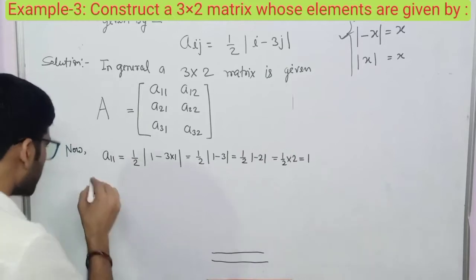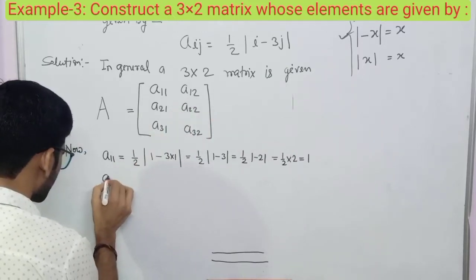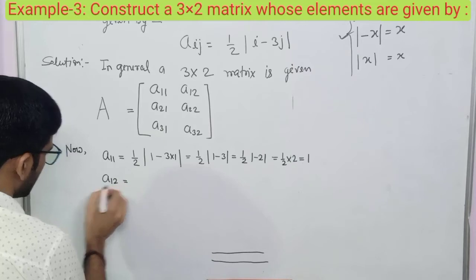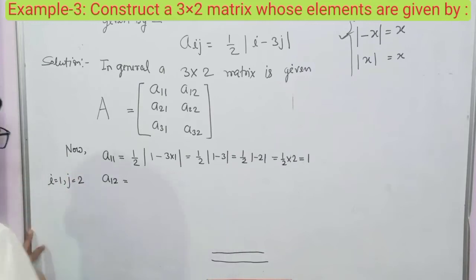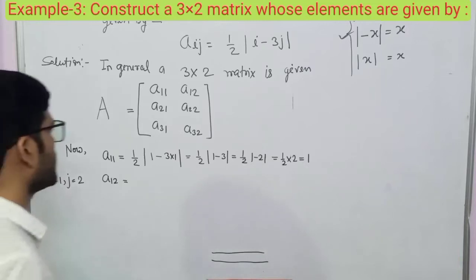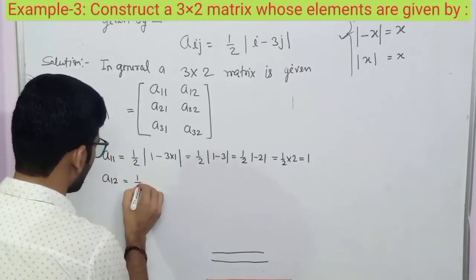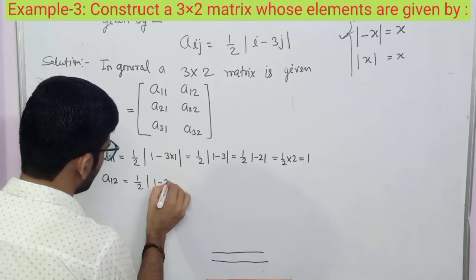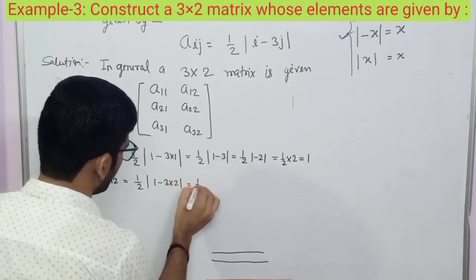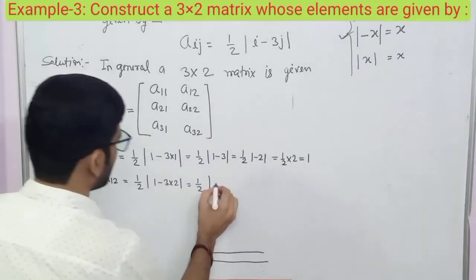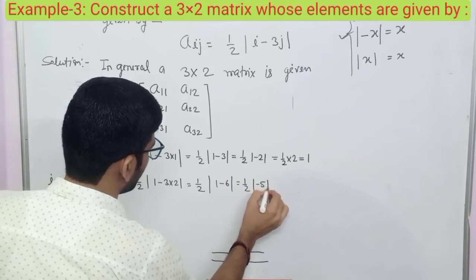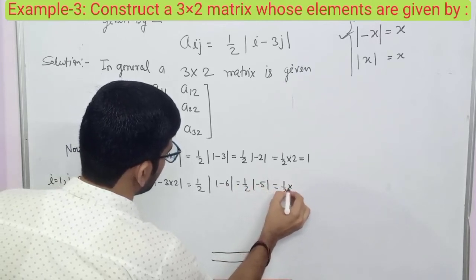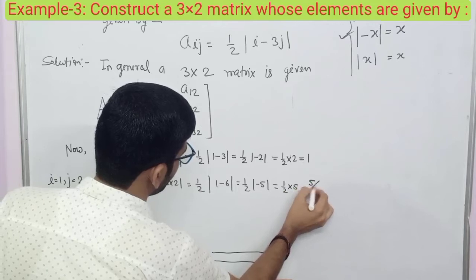Now we will find A12, that means i equal to 1 and j equal to 2. So put the value: A12 is 1 by 2 modulus of 1 minus 3 into 2, 1 by 2 modulus of 1 minus 6, 1 by 2 modulus of minus 5, that means 5 by 2.